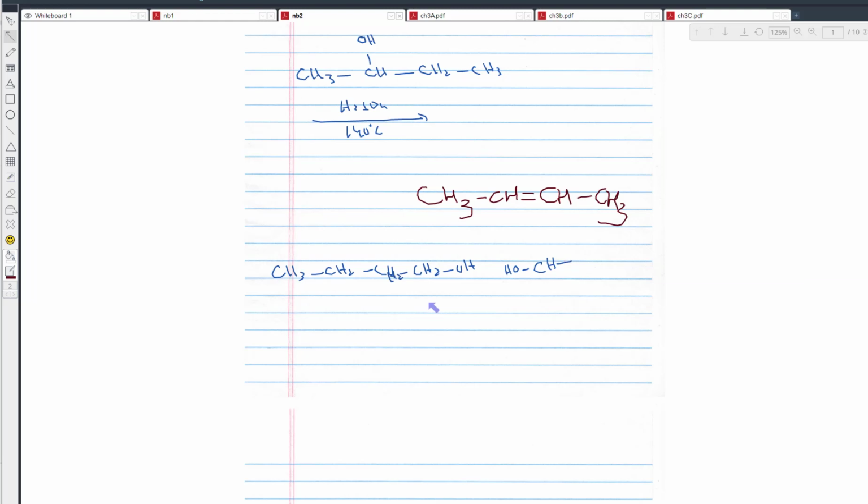So when the temperature is higher, two molecules of alcohol are going to react with each other, and the dehydration is going to happen: one OH and one H is going to be gone here, like this. And the two units are going to join together. So the product is going to be 1, 2, 3, 4, O, and it's going to be dibutyl ether.